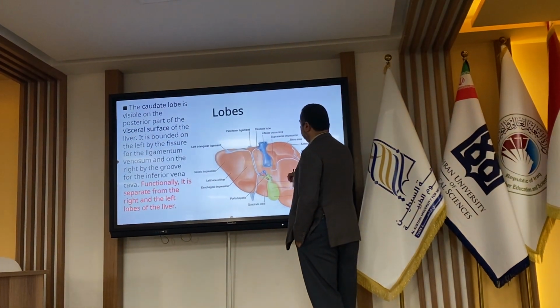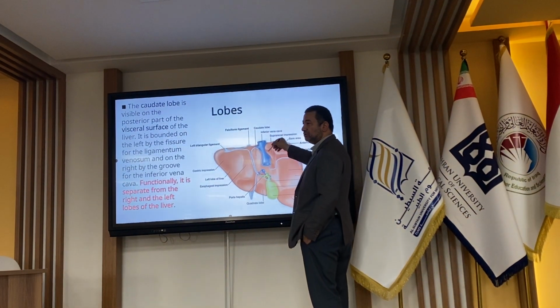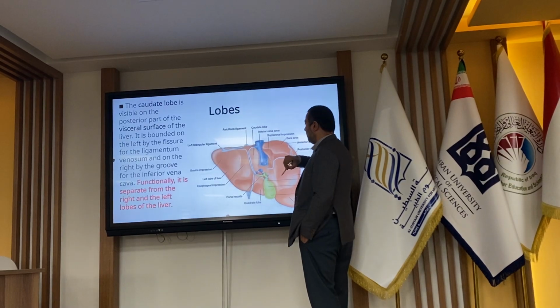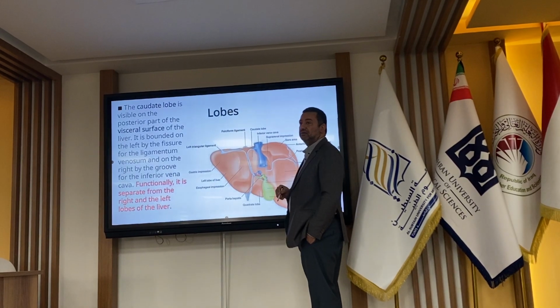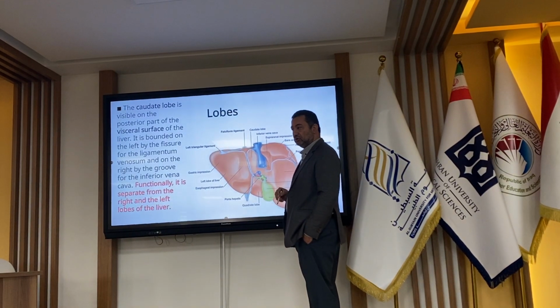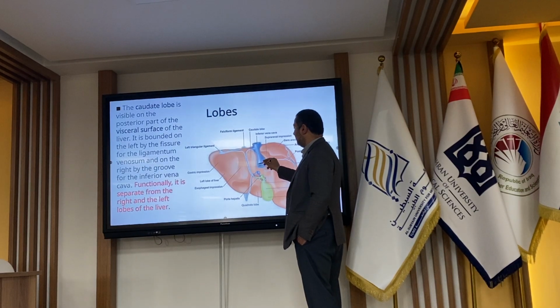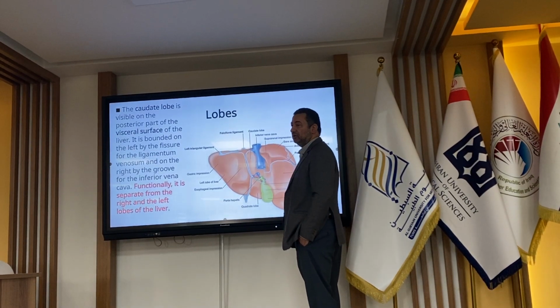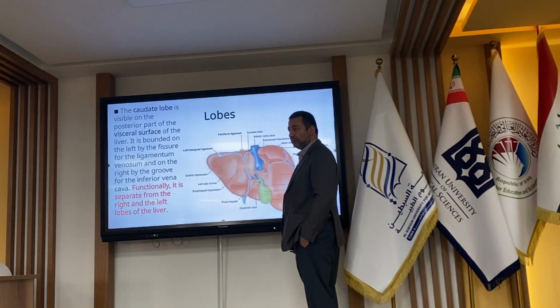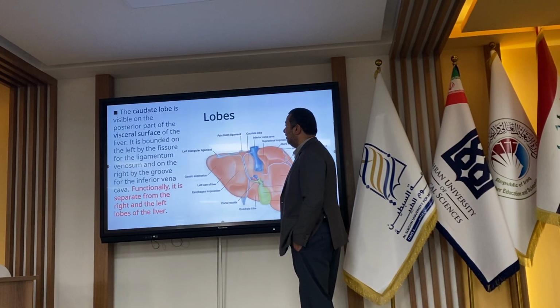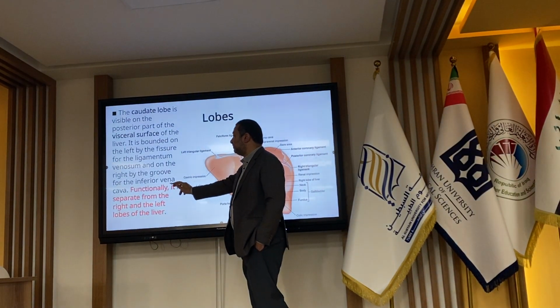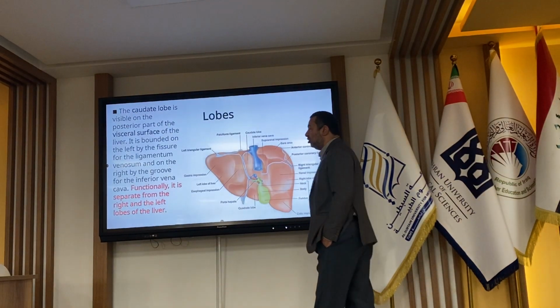And I told you between sulcus for the inferior vena cava and ligamentum venosum, and posterior to the porta hepatis, this lobe is called caudate lobe. Functionally, caudate lobe is separate from the left and right lobes of the liver.